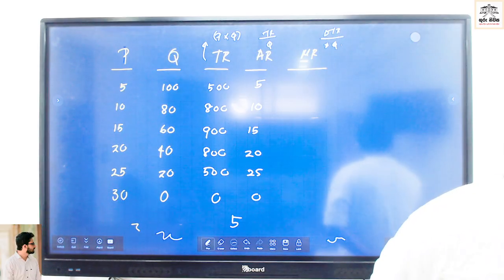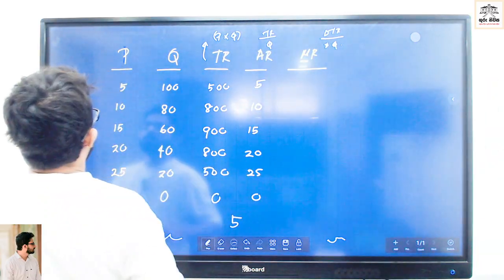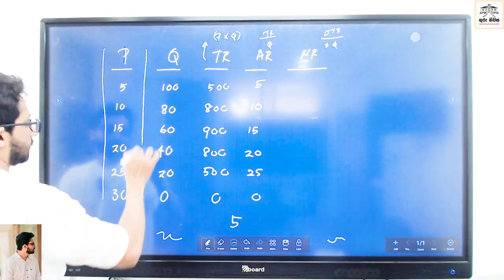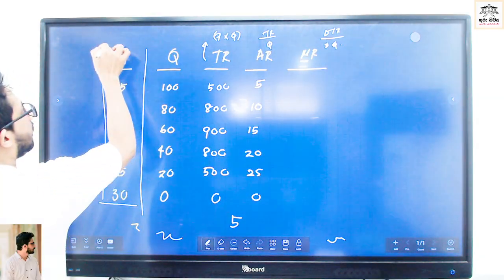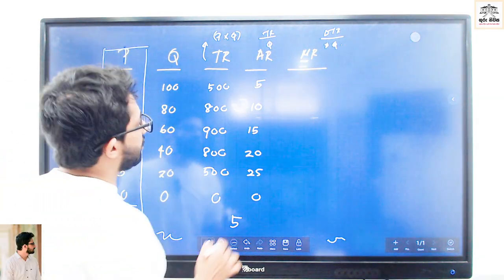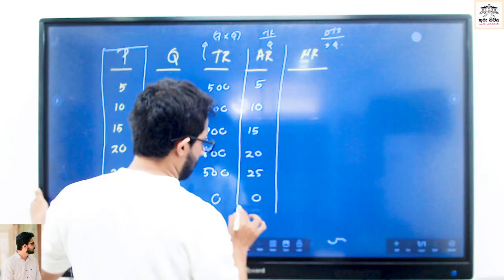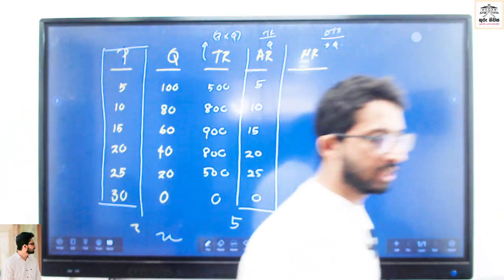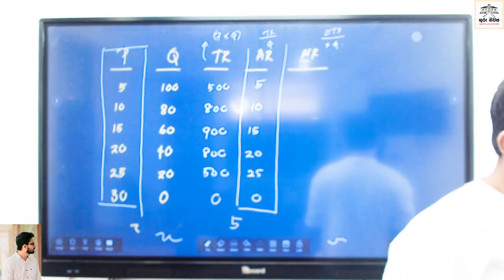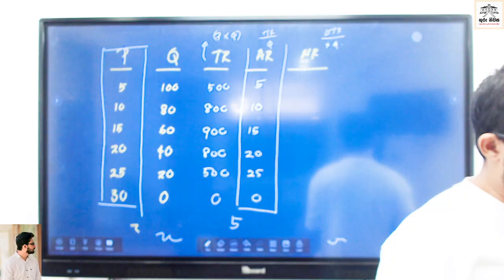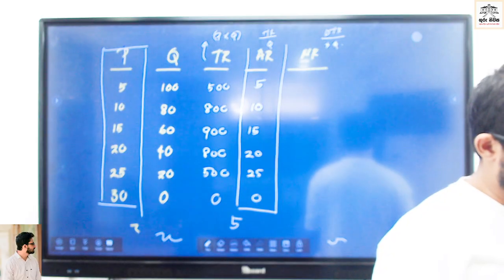This is the price column, and the AR, average revenue column. What is the relationship? It's equal. They are equal.